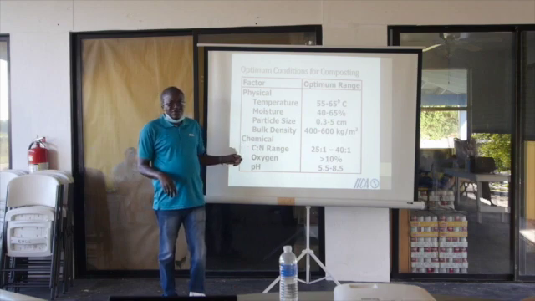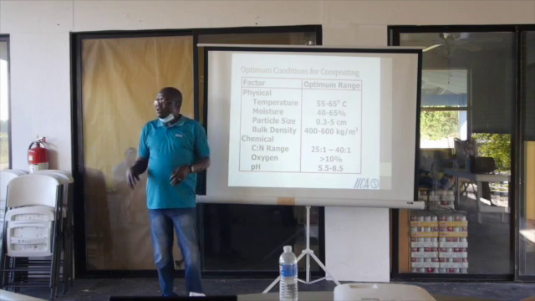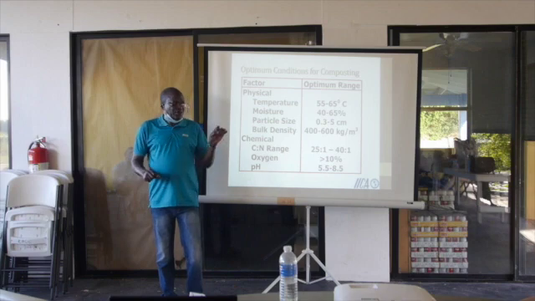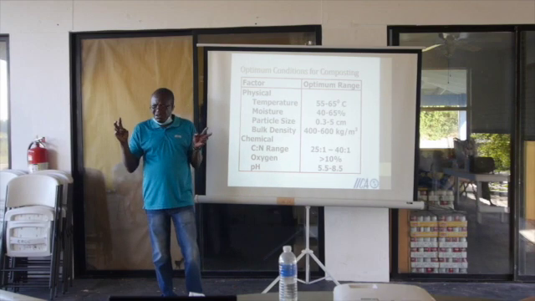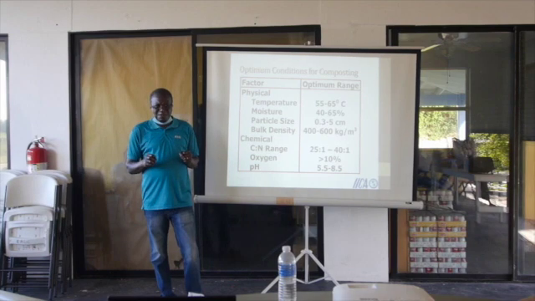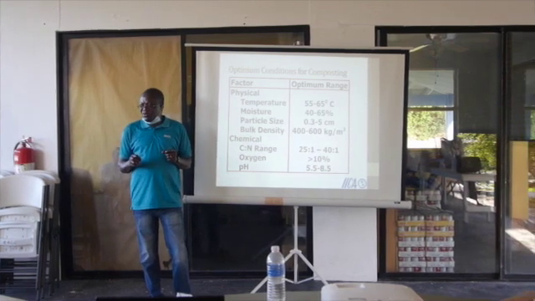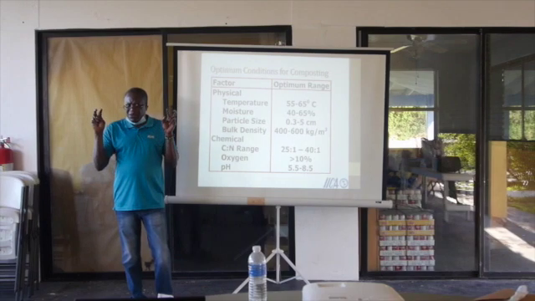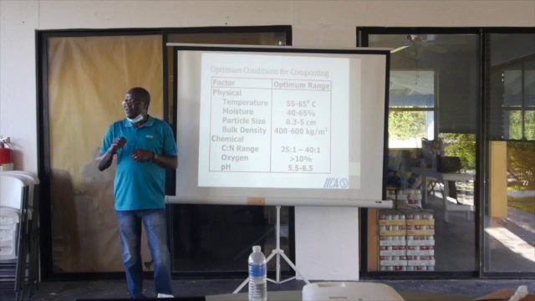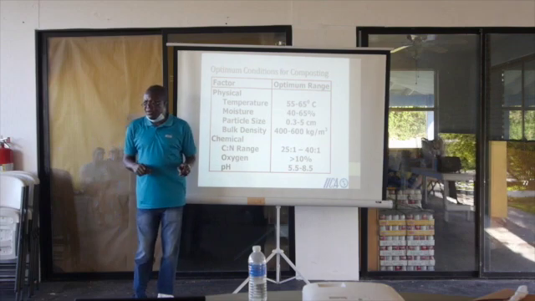Green materials include green leaves, green grass, meat products. I know people are looking at me, why are you telling me? They've told me I can never compost meat. You can. Meat products, even nitrogen fertilizers are part of things you can use as a source of nitrogen.